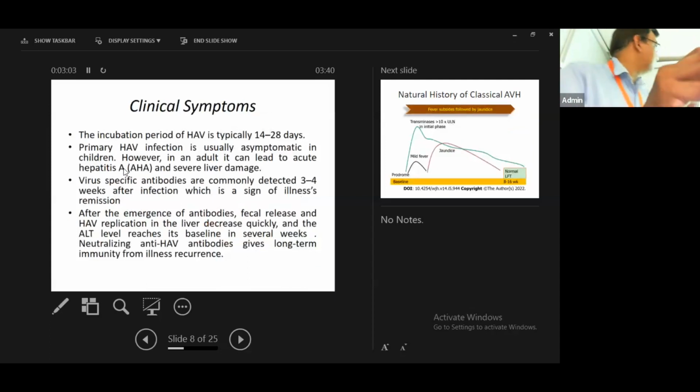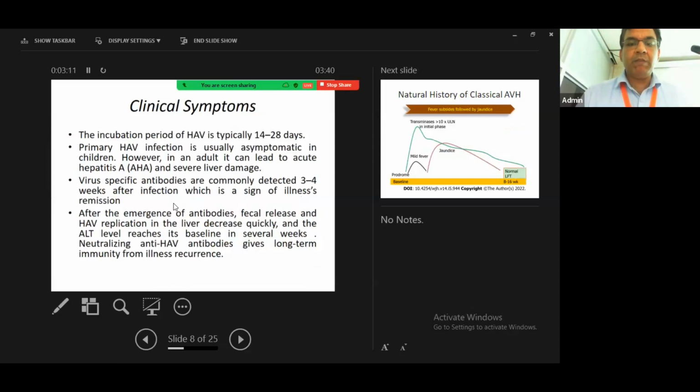Virus-specific antibodies are usually detected 3 to 4 weeks after infection, and with their occurrence, the fecal release and viral replication go down. So it is a sign of recovery.